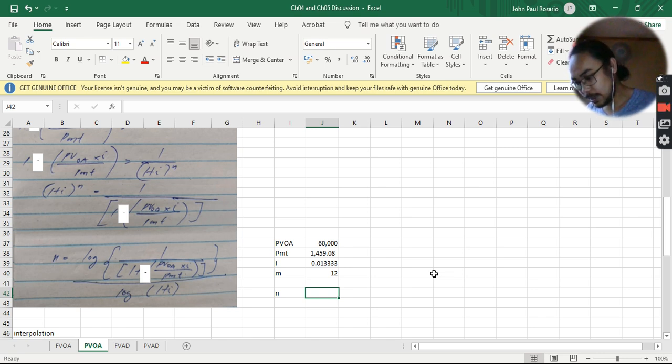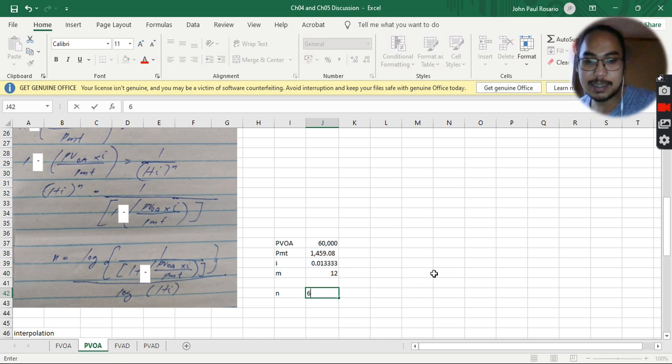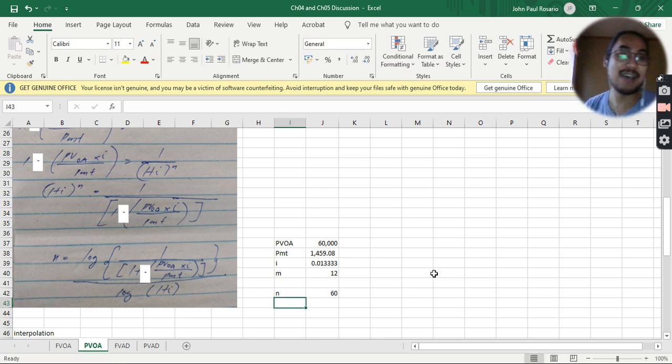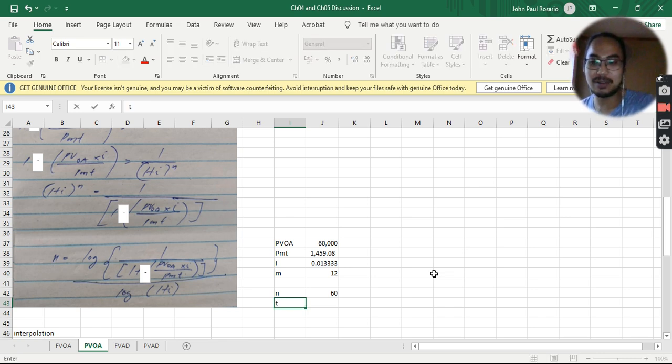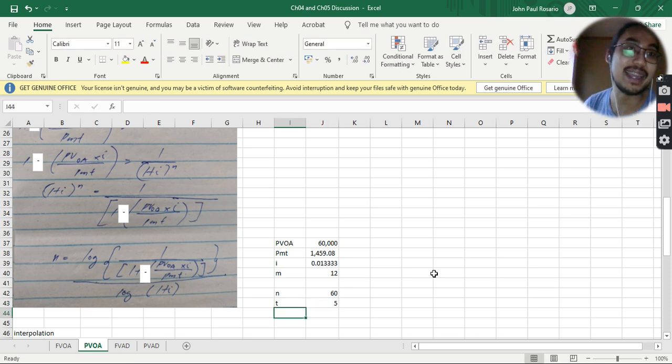Okay, so this should give us 60 periods. Meaning you have to have 60 equal payments, 60 monthly. If you express that into the number of years, it will take you 60 divided by 12, 5 years. So that's how you solve for your T.